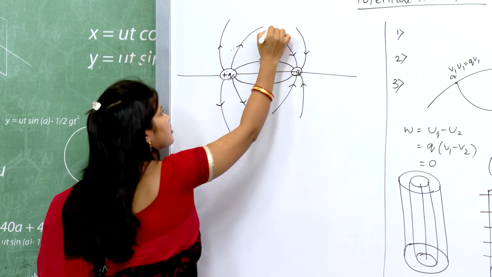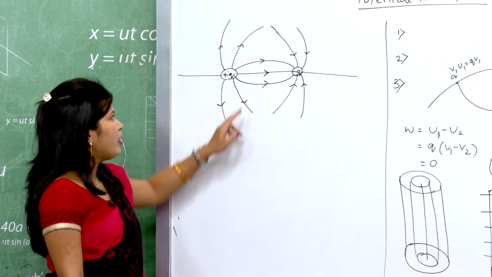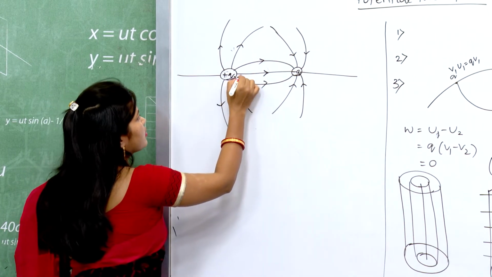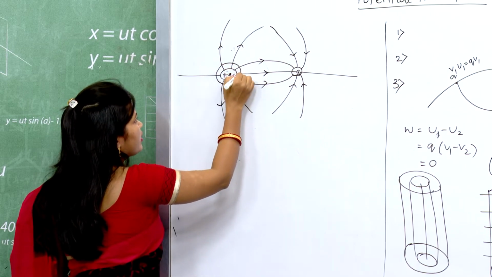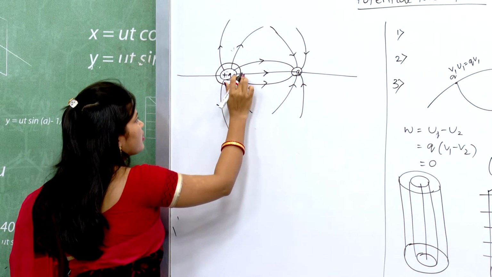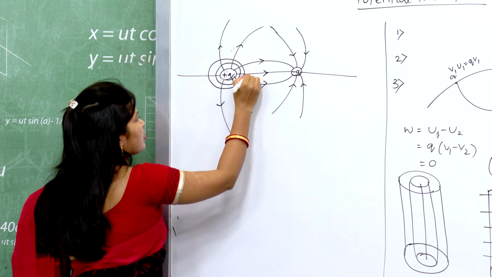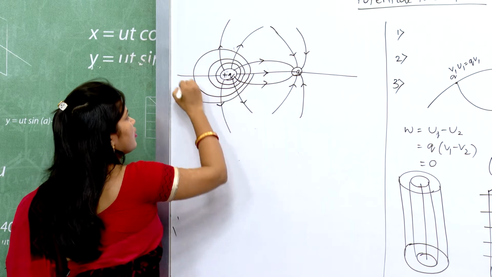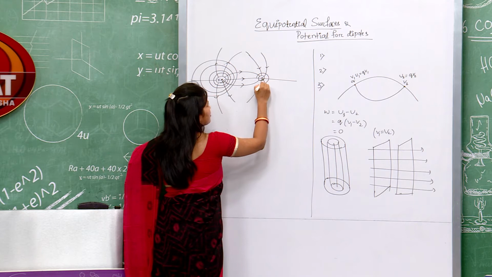So, these are the electric field lines. Now, I have to draw equipotentials. When you are very close to this point charge, you will find these perfect spheres. And here also like this.